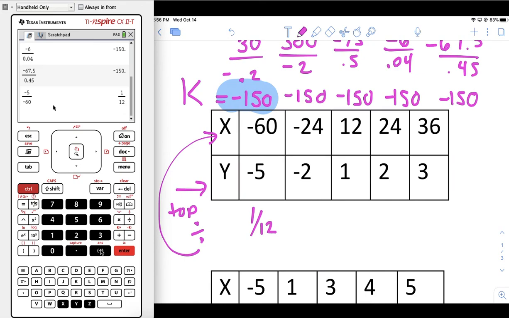All right, so if I have a negative 2 divided by a negative 24, that one works. Obviously, 1 divided by 12 is 1/12. Let's do 2 divided by 24, 1/12 again, and 3 divided by 36, again 1/12.